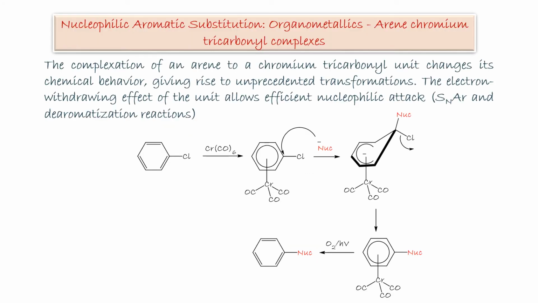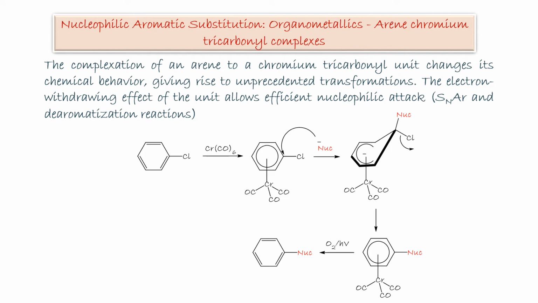Nucleophilic aromatic substitution, organometallic, arene chromium tricarbonyl complex. The complexation of an arene to a chromium tricarbonyl unit changes its chemical behavior, giving rise to unprecedented transformations. The electron withdrawing effect of the unit allows efficient nucleophilic attack.